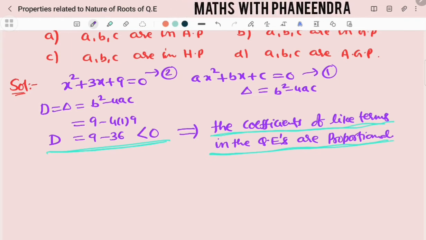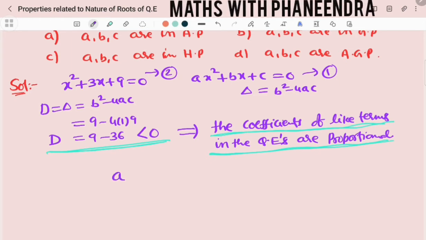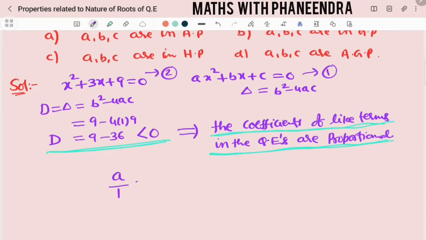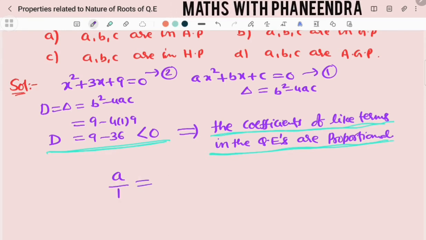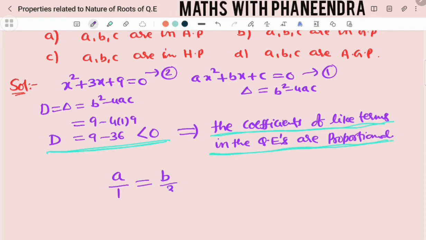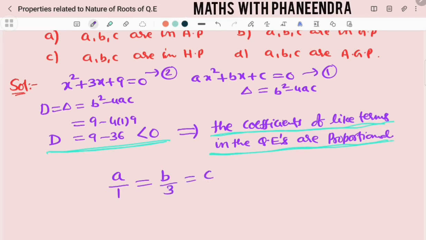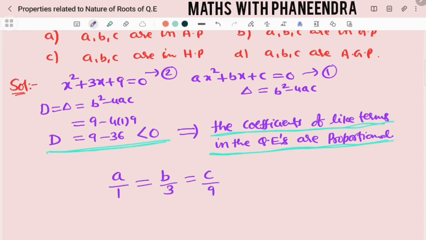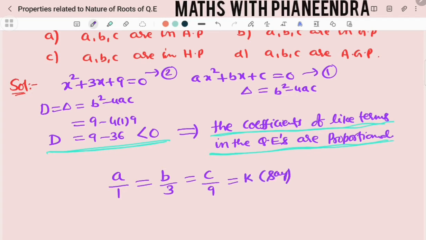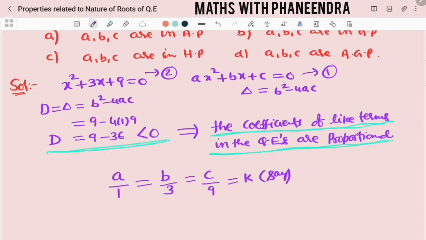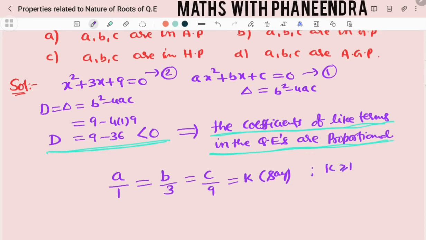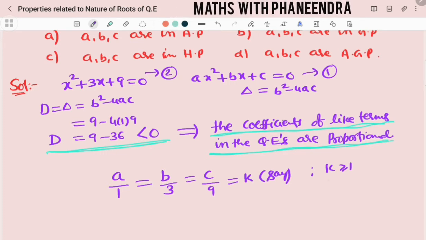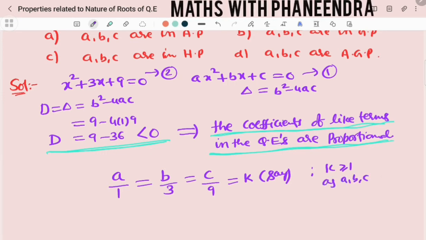So in the second equation, x square coefficient is a; in the first equation, x square coefficient is 1, which is equal to the x coefficient ratio, b over 3, which is equal to the constants, c over 9. They are in proportion. But how will we get the values of a, b, c? This is equal to some k, we can assume that, and k is greater than or equal to 1, as a, b, c are natural numbers.